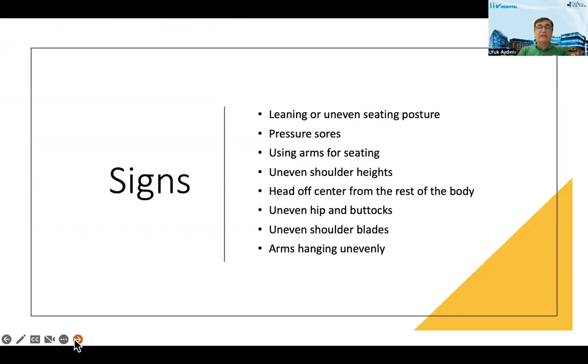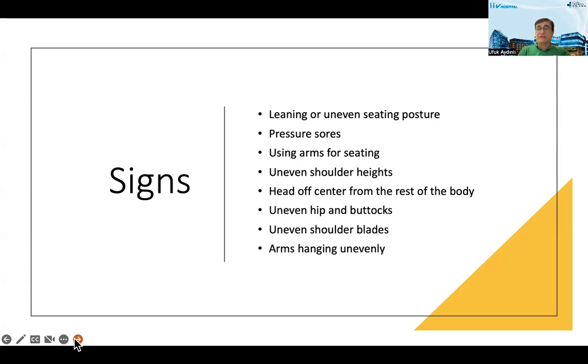When we look at the physical examination, the signs of neuromuscular scoliosis are leaning or uneven sitting posture, which as I said before is very important. In some cases, pressure sores are quite important for the daily quality of life of the patients.